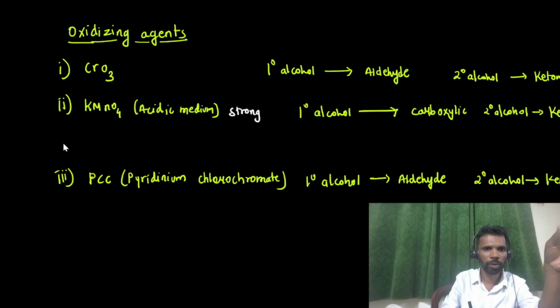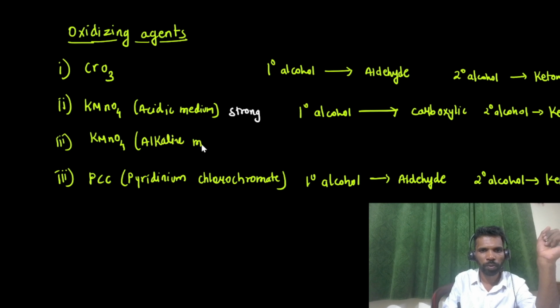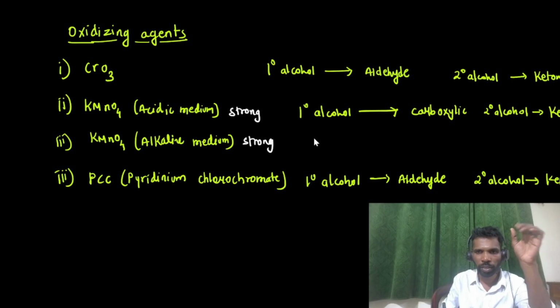If KMnO4 is there in an alkaline medium like KOH, this is also a strong oxidizing agent. Here also, first it will convert primary alcohol to carboxylate ion.